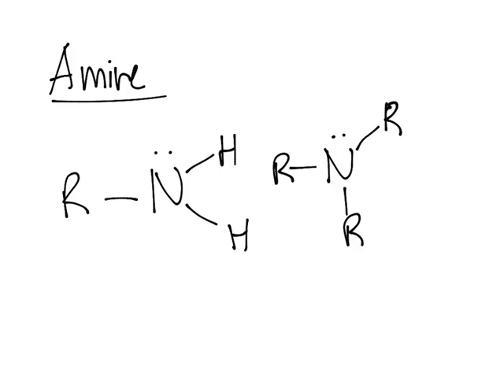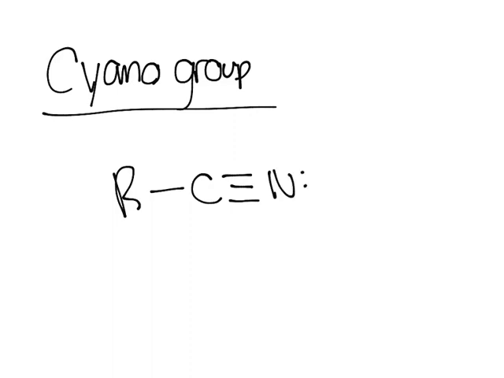Finally, the last important group we're going to talk about is the cyano group. You have something bonded to a C triple bonded to a nitrogen. That triple bond is important.